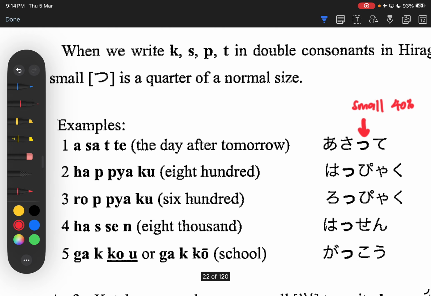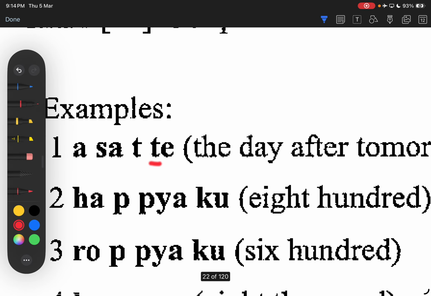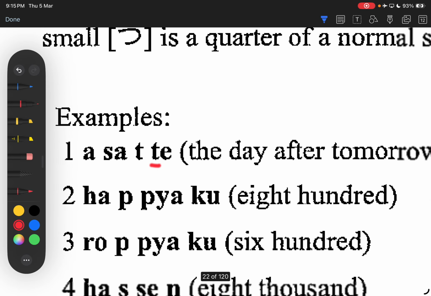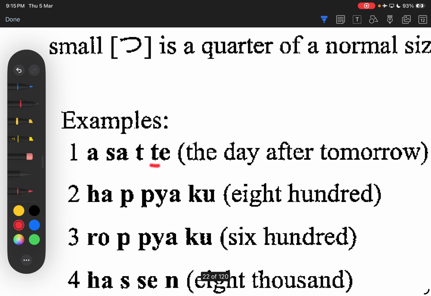What letter does it replicate? It replicates the second guy that it follows. For example, after it is a te. For example, the first example, asate. Because the last part is te, the double consonant will borrow the t sound. You'll mirror the t sound.